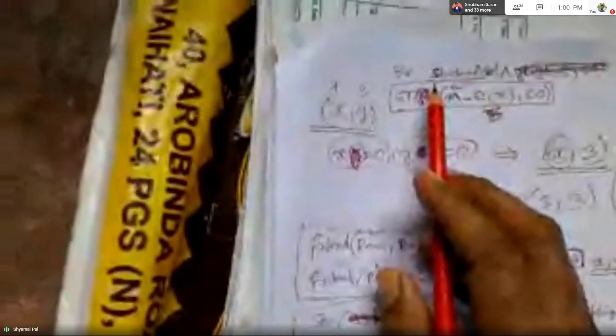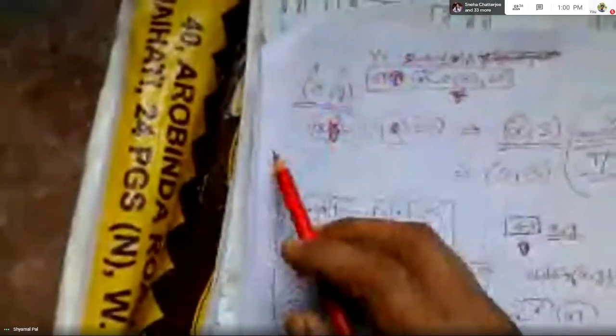What was the question? If a student has got more than 60% in mathematics and the student has got more than 60% in English, is a good student. Now I have started with this one.